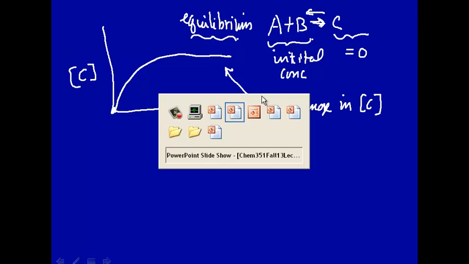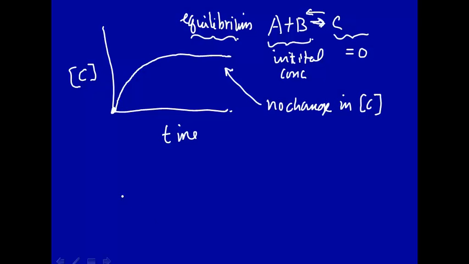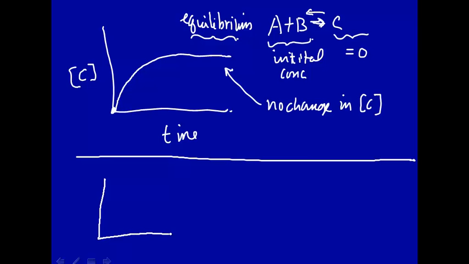Okay. And then a third way of looking at equilibrium is, again from introductory chemistry, free energy is at a minimum at constant temperature and pressure. Now we'll have lots more detail than we had in introductory chemistry about free energy, but let's just review that. We'll draw it this way.